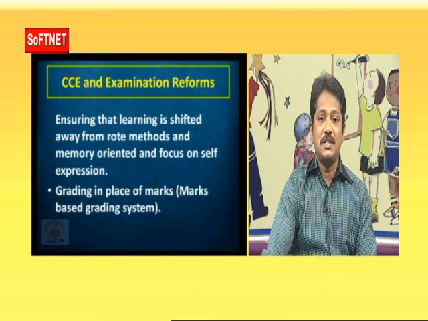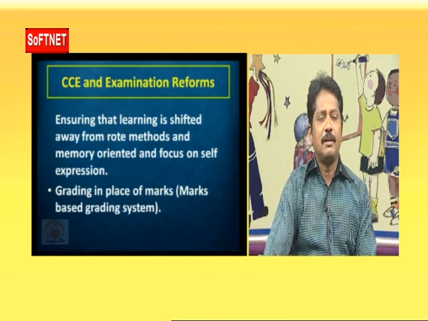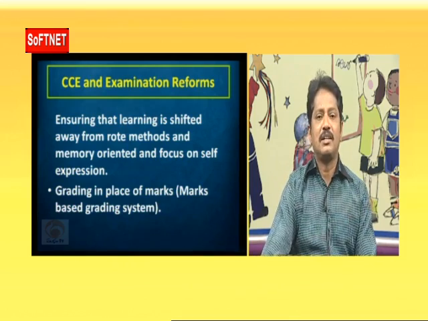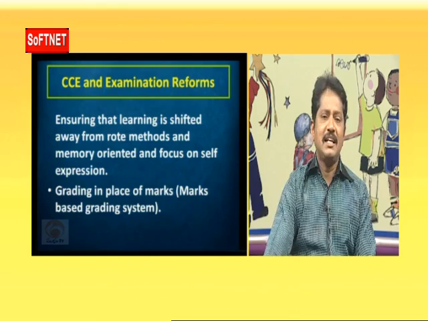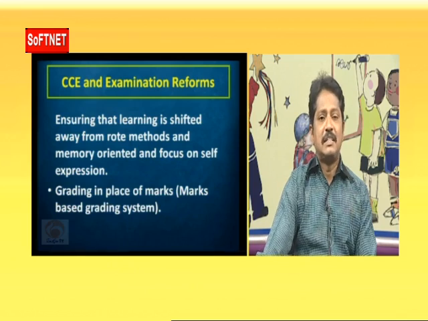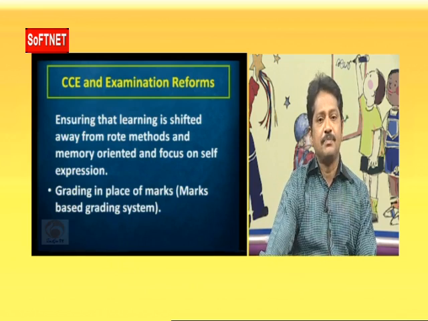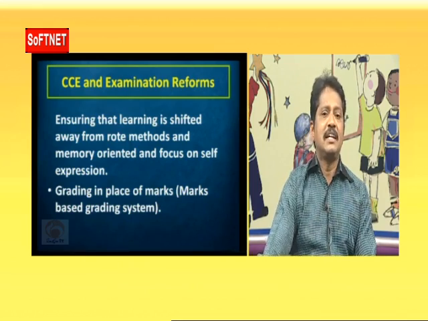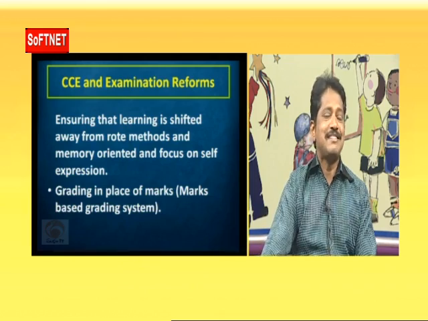And coming to the next one, grading in place of marks. See, my child got 100, my child got 99, he missed just 1 mark, and a bad, unhealthy competition happens in awarding the marks. So for that we changed it to grading. If the child got 91 to 100, that will be considered as 10 grade points.